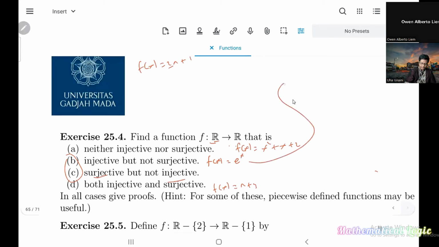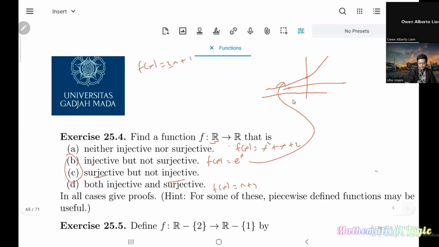If you draw, it will be like this. 0 becomes 1, and this goes up dramatically, and this one goes to here. As you see here, below the horizontal axis there is nothing there, so you cannot intersect with the curve. That's why it is injective, but it is not surjective.